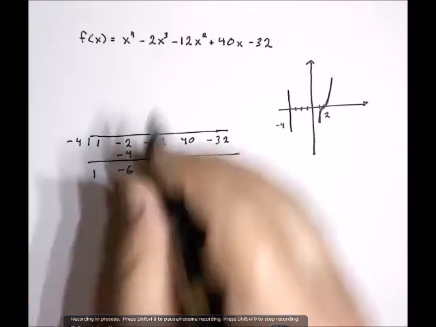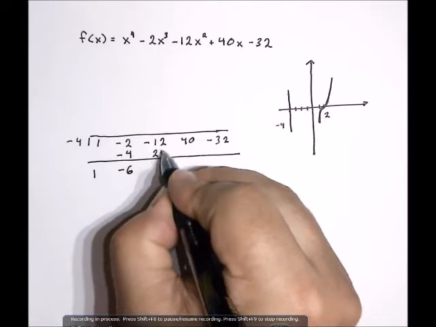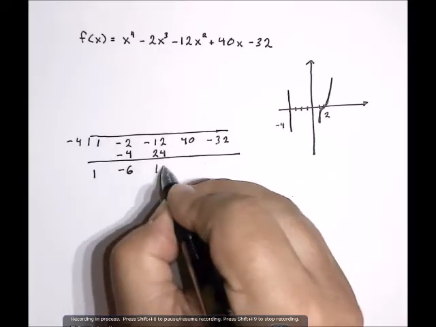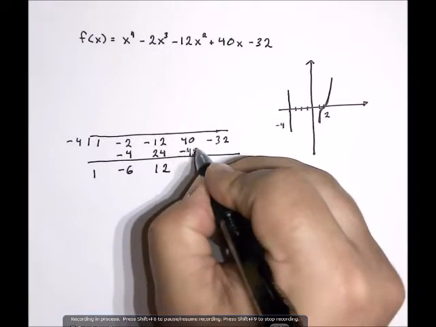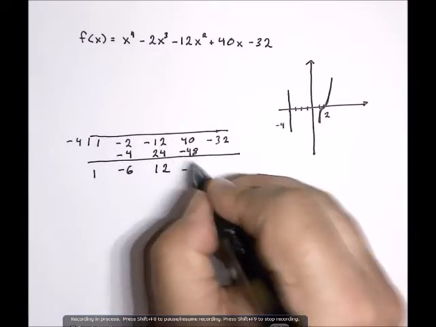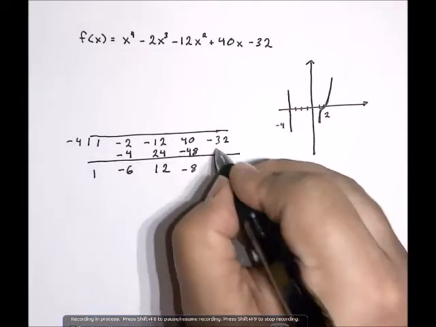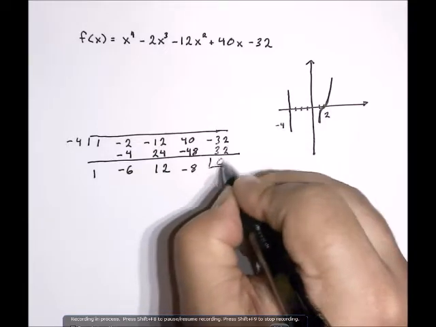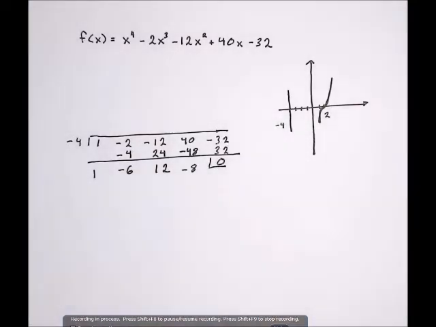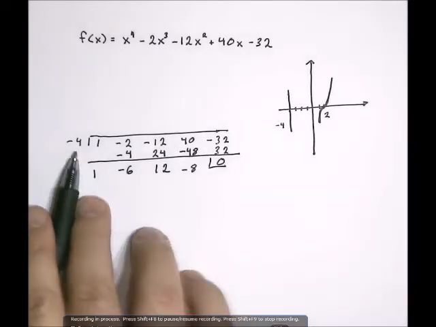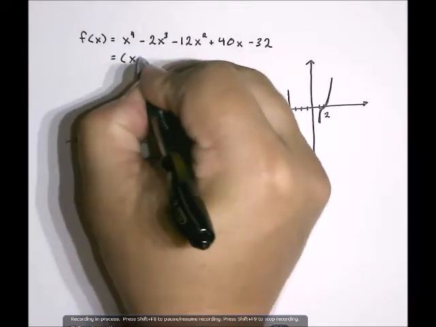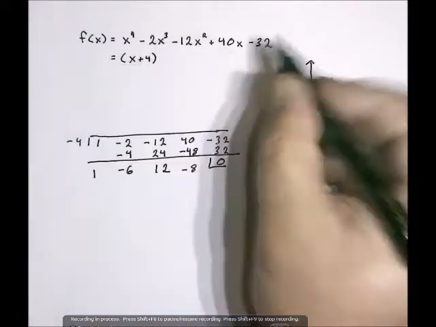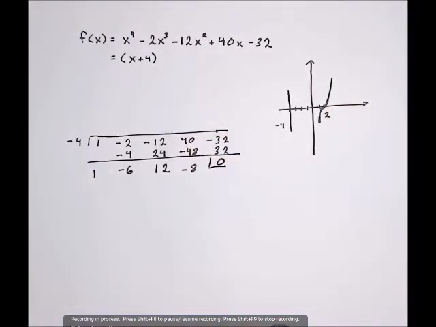Multiply by -4 and bring it up here. Add them together. Multiply by -4, bring it up here. Add them together. Multiply by -4, bring it up here. And we get a 0, which means that -4 is indeed a 0, but we knew that from the table, and that this polynomial has a factor of x plus 4.